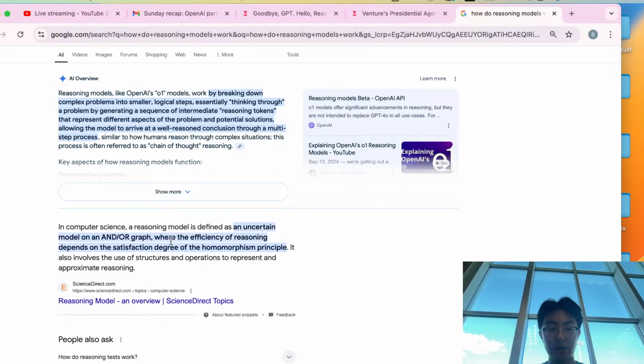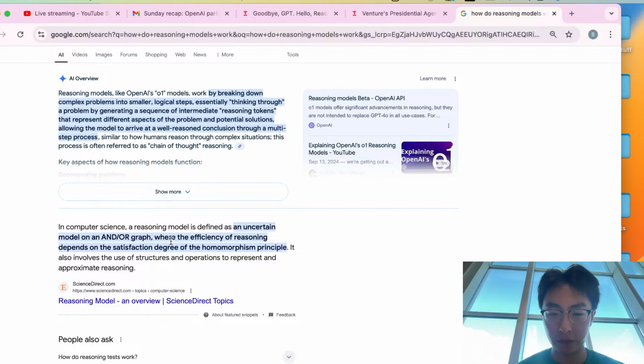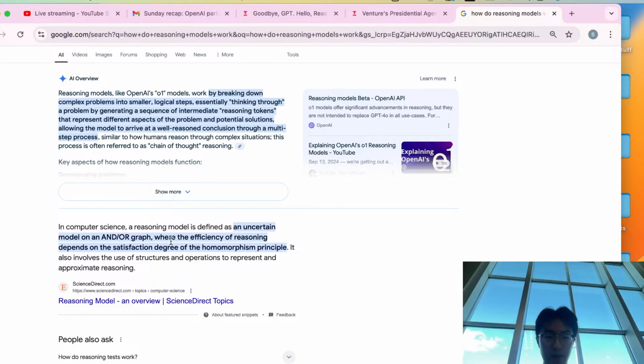It seems like these reasoning tokens are used in the context window of O1 and help the model think through problems. Right, that's very abstract. I think I am sort of being hand wavy here. I don't fully understand exactly what it is.